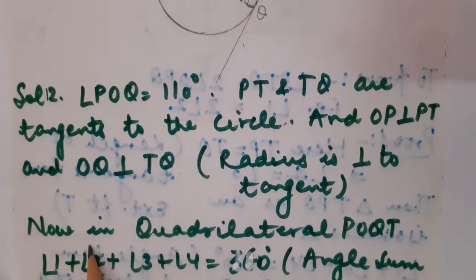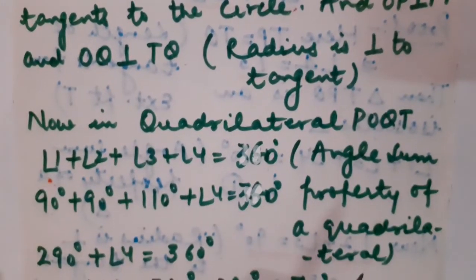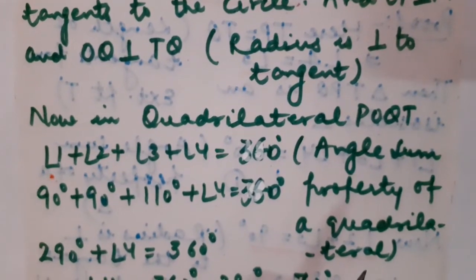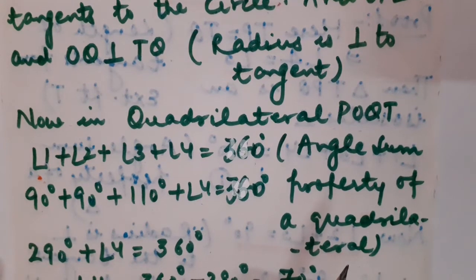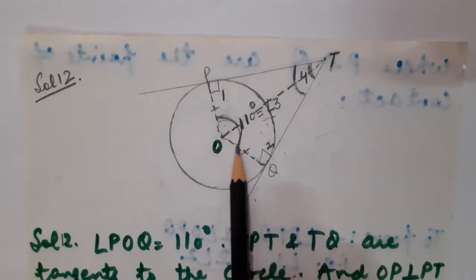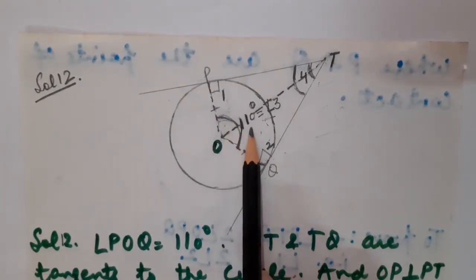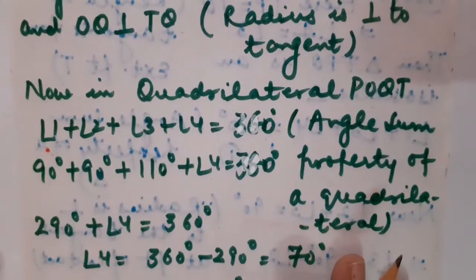Now children, you know that PTQO is a quadrilateral. So let us apply the angle sum property of a quadrilateral. Angle 1 plus angle 2 plus angle 3 plus angle 4 is equal to 360 degree. You can see that angle 1 and angle 2 both are 90 degree. Angle 3 is equal to 110. We have to calculate angle 4. Very simple question it was.